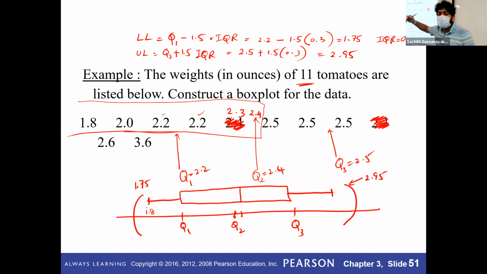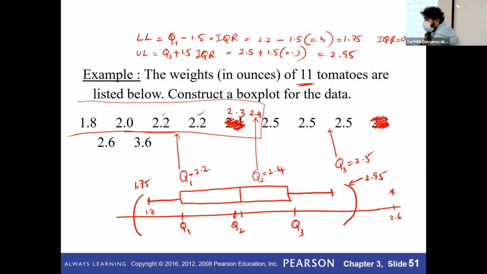That's your minimum. Now go to the maximum. Do we have any value or values greater than the upper limit 2.95? Yes, 3.6 is there, right? 3.6 is greater than this value, which means this becomes an outlier. 3.6 becomes an outlier.